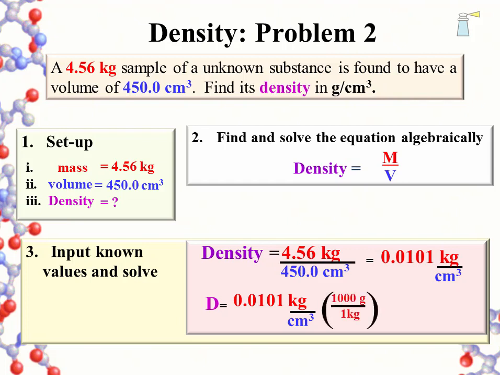Yes. 1,000 grams equals 1 kilogram, and if we set up the unit factor like this, the kilogram units cancel out, leaving mass units of grams. If we do the math, we have the density of our unknown as 10.1 grams per cubic centimeter.